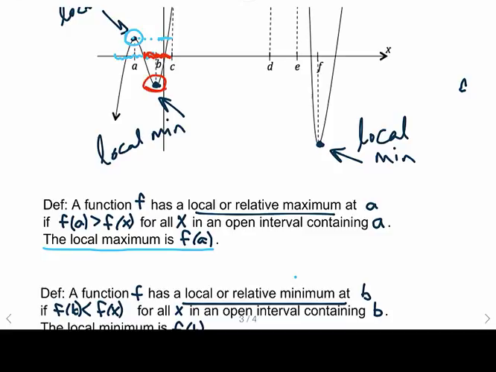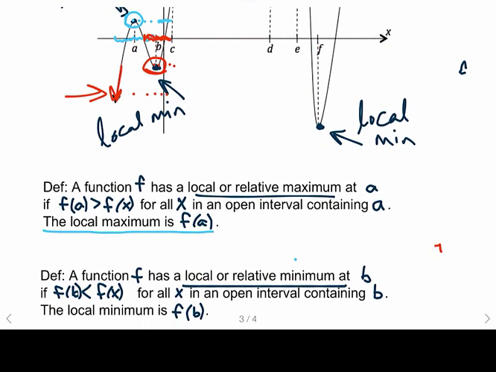Now notice that if we go to the left of a, the function has an arrow going down to negative infinity, and we might say, wait a minute, the y value is smaller over here than it is at b. Yeah, but this definition is about an open interval containing b.